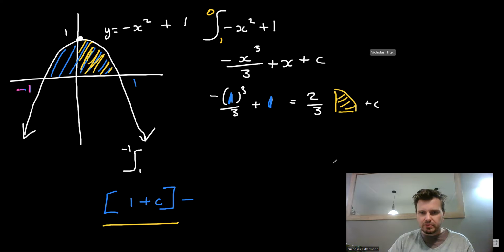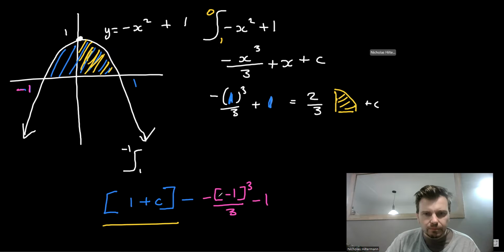And then to minus 1, and so we'll substitute a negative 1, so negative 1 cubed over 3. And then when we substitute minus 1 into x, we get minus 1. Is that right? Yes.